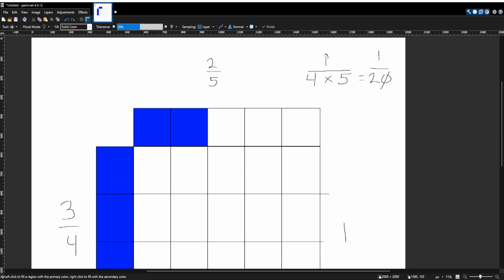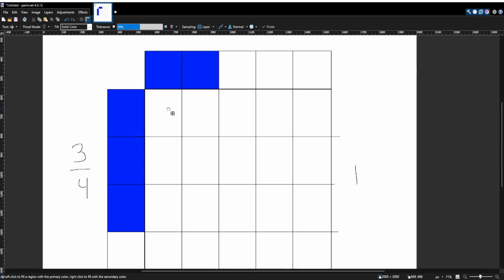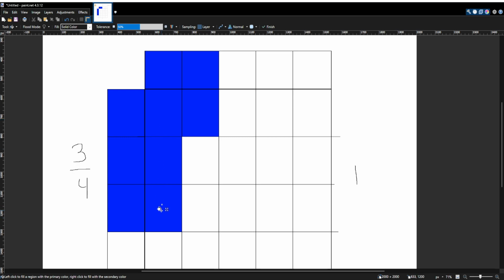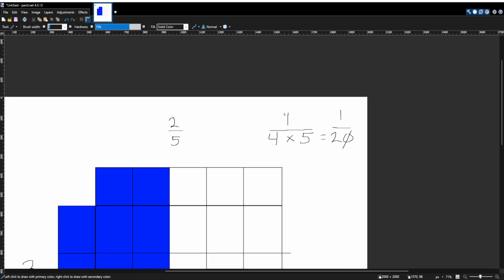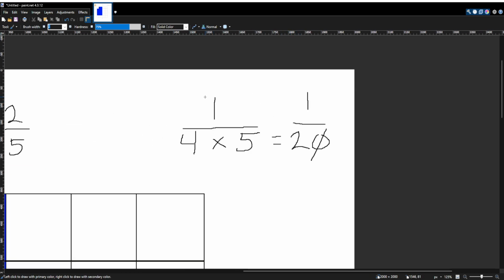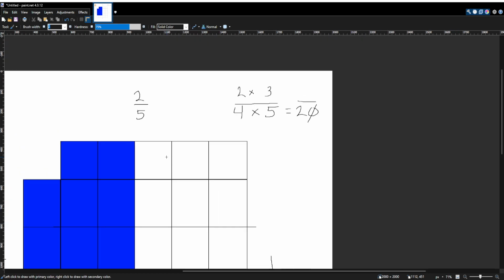After that, what about the numerator? Because the numerator is not just one of these rectangles. It's actually 1, 2 going across, and 1, 2, 3 going down. So a total of 6. And so what happens here is that instead of the top being just one of those sections, it is 2 times 3.